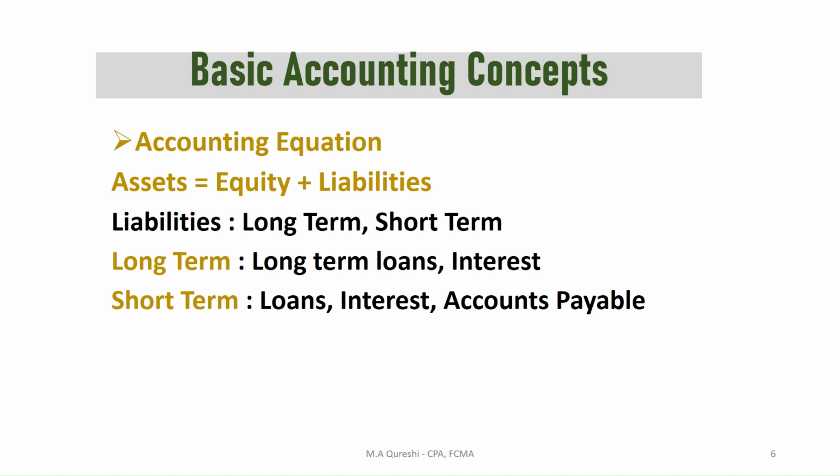And there may be short-term liabilities, maybe short-term loans which you have to pay within a period of 1 year. And there may be interest, accounts payable or payments you have to make during the year. These are the short-term payments.